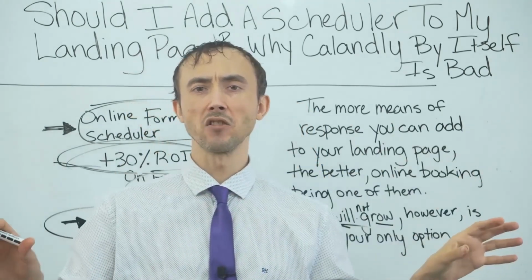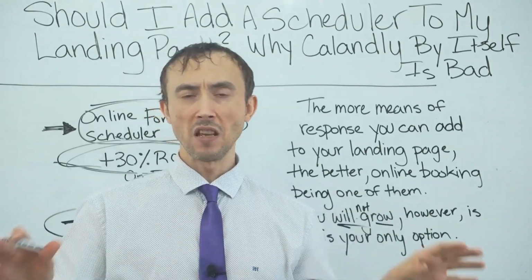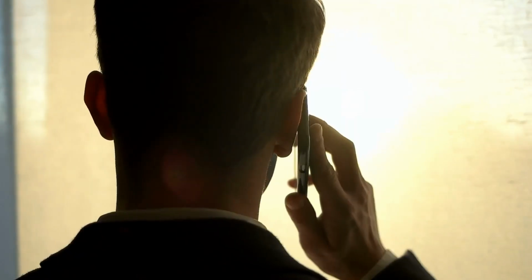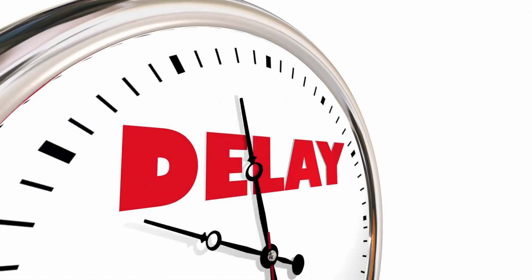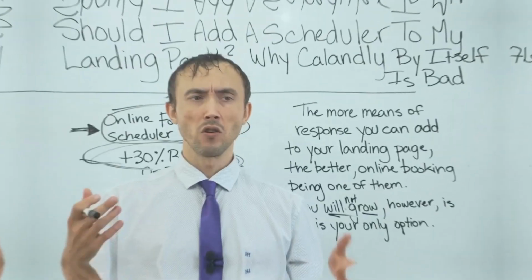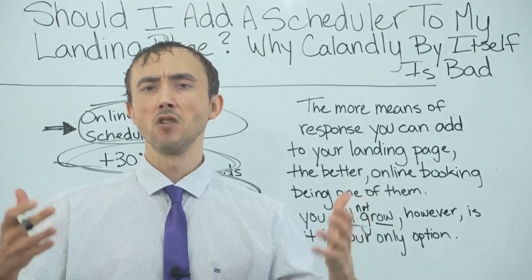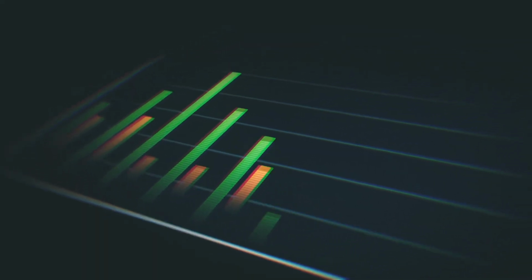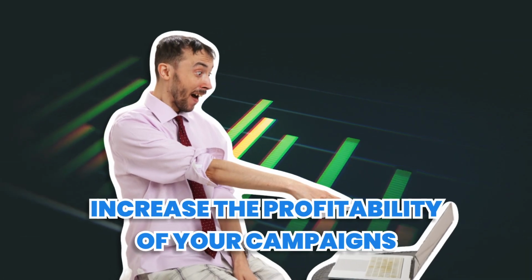The national players all know this in this space. You have an immediate way to get a quote, and that's what you pitch. Local companies, though, want you to call them and then delay the whole process. So any time you can make it easier to buy from you, you're going to end up with more profits. That's why this increases the profitability of your campaigns.